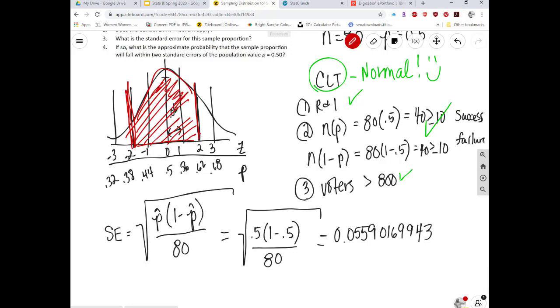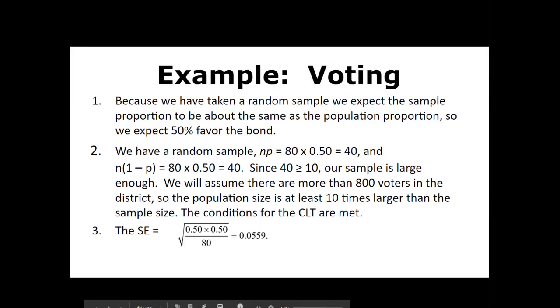This looks about 95%, doesn't it? 95% of all values lie within 2 standard deviations of the mean. That's what I've been saying over and over again. So what is the approximate probability that the sample proportion will fall within 2 standard deviations before and after the mean? 95%.